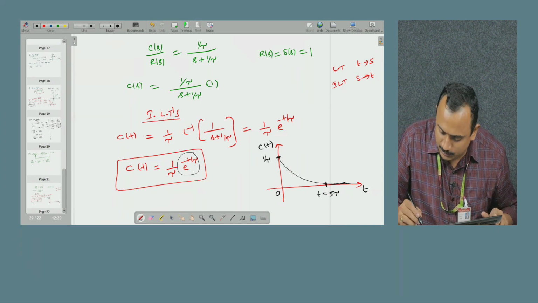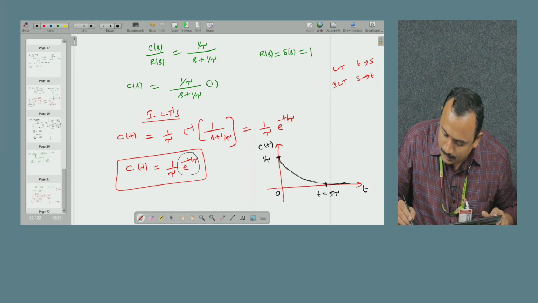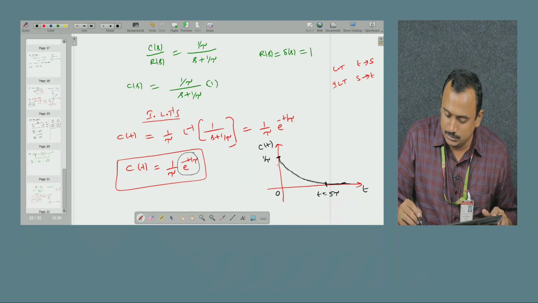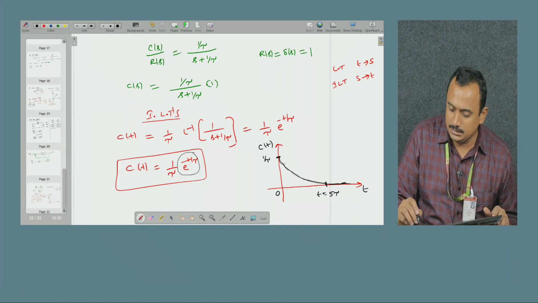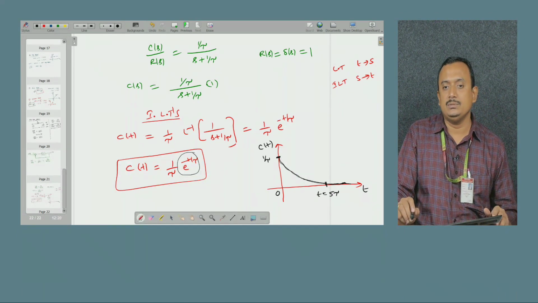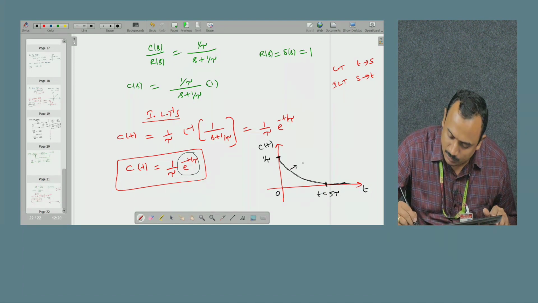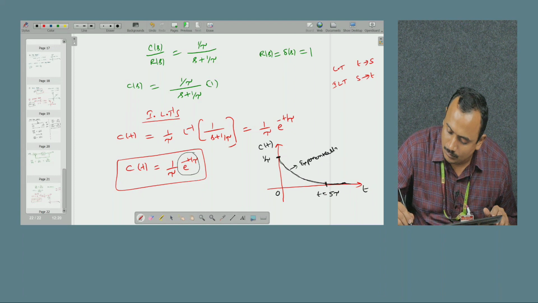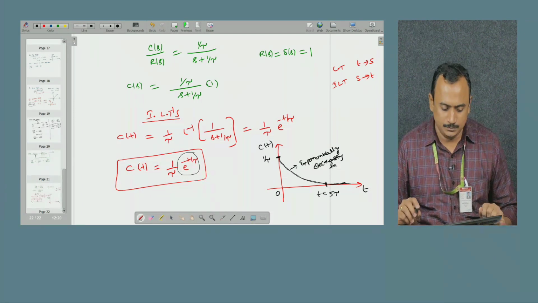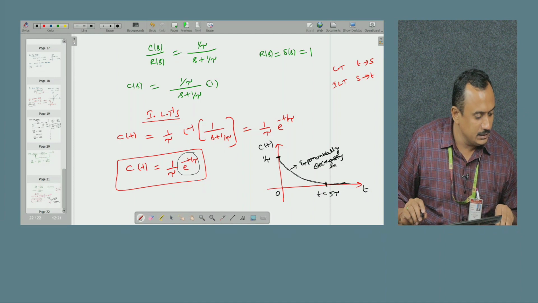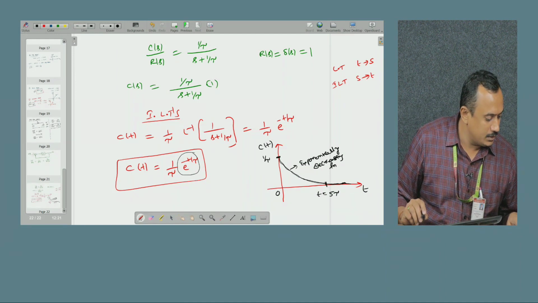See, this is exponentially decreasing. At t is equal to 0, the value is 1 by tau, and as time increases the system response reaches 0. So this is known as exponentially decreasing function.